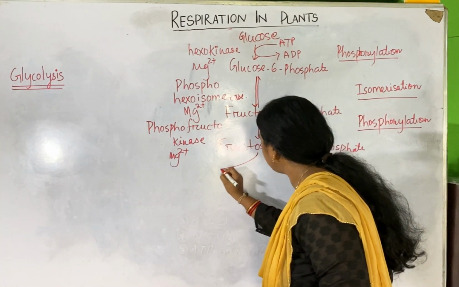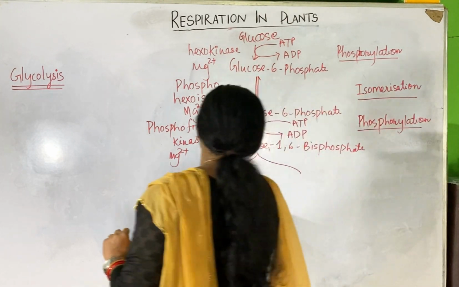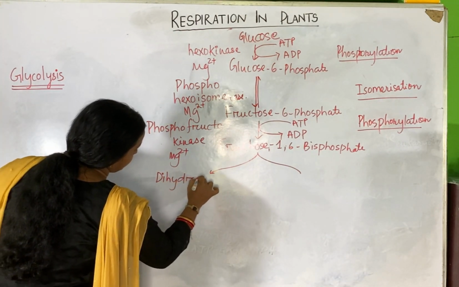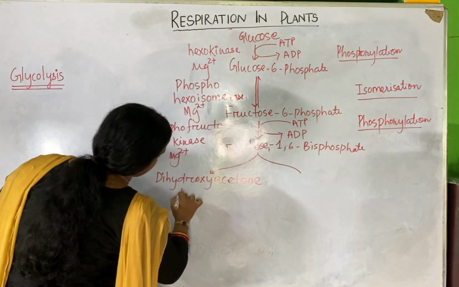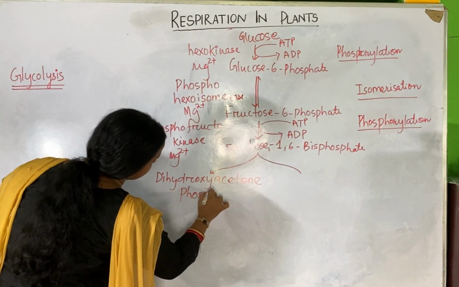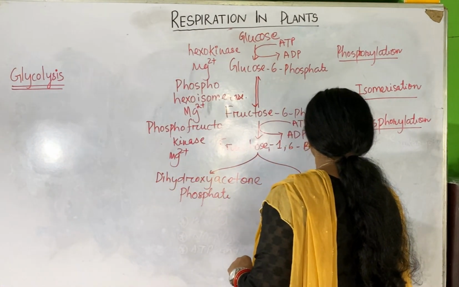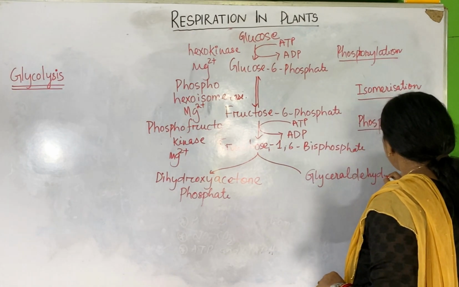Now it will split into 3-carbon compounds, that is dihydroxyacetone phosphate and glyceraldehyde 3-phosphate.